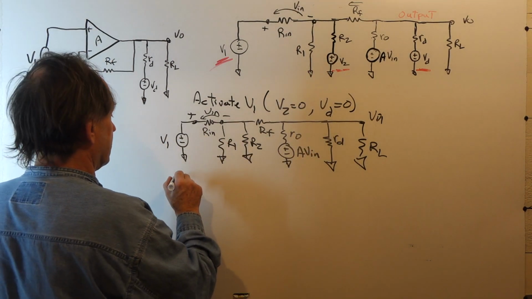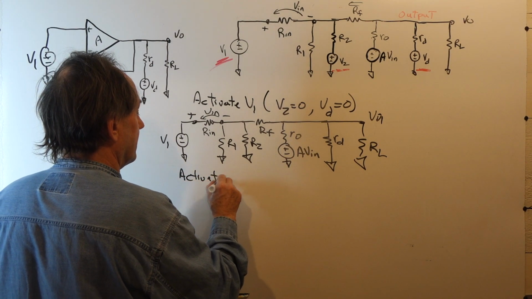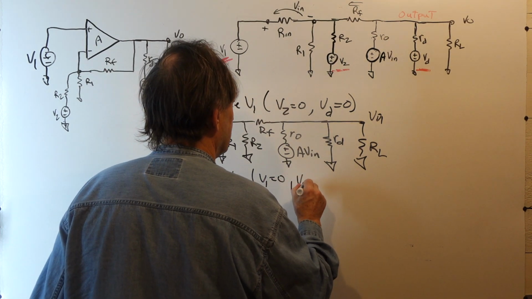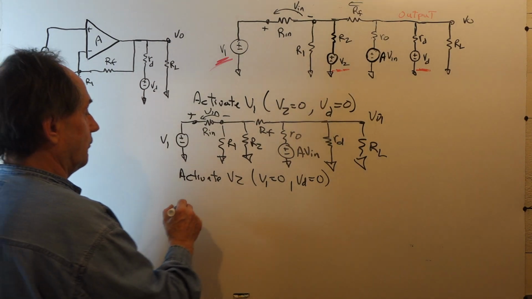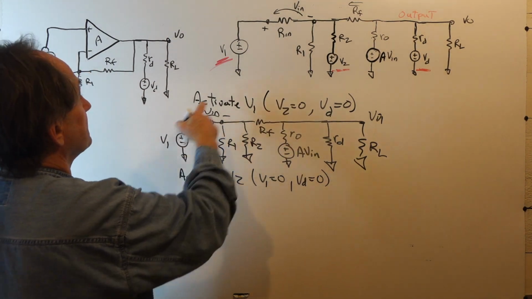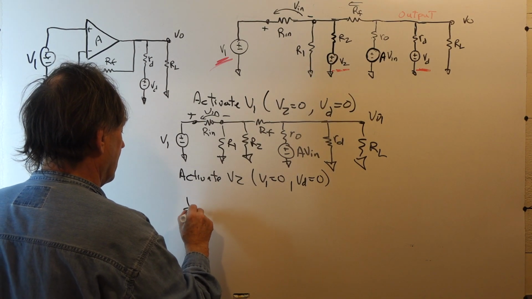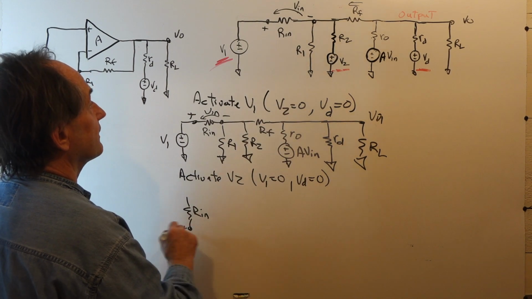Then the second network is where we activate V2, and we set V1 equal to 0 and VD equal to 0. Now let's look at that equivalent network. If V1 is set to 0, this becomes a short. So we have Rin, and the positive terminal is down at ground now.